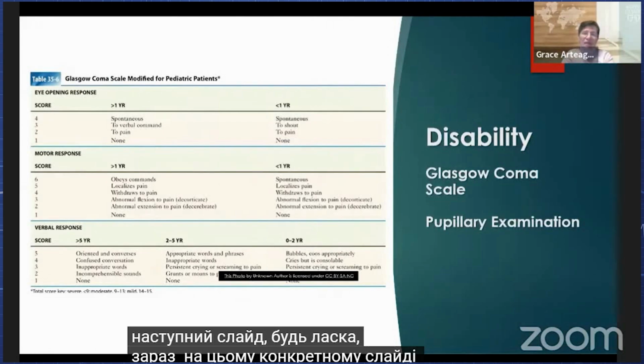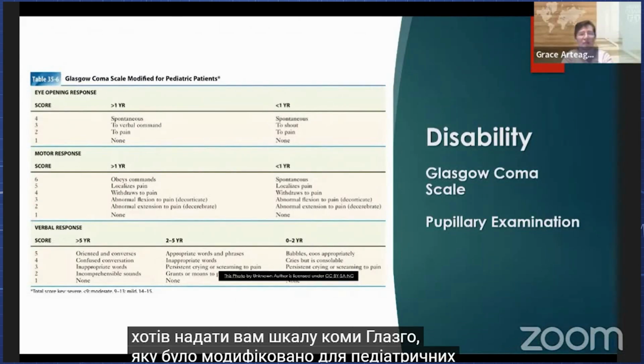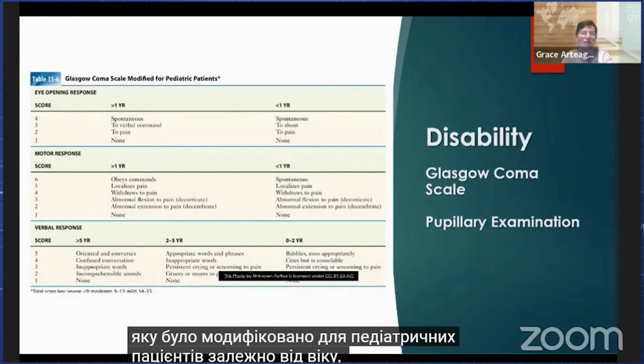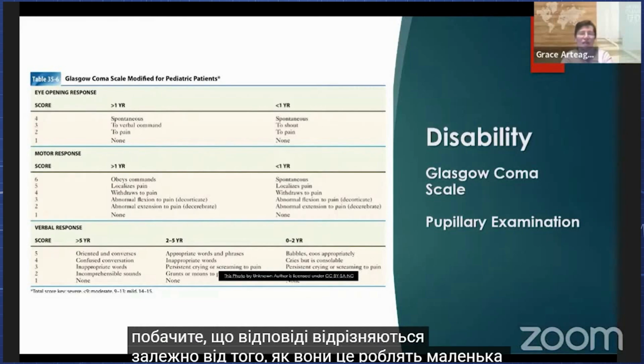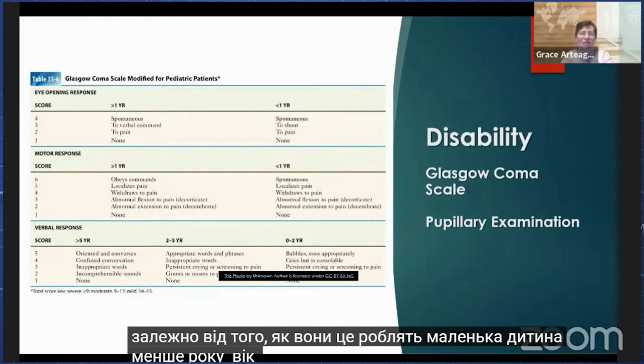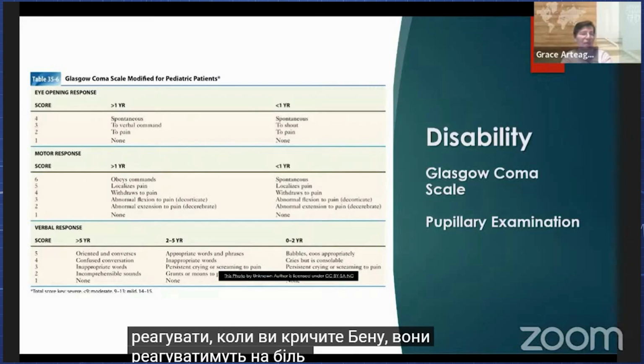Now, in this particular slide, I just wanted to give you the Glasgow Coma Scale that's been modified for pediatric patients based on age. You're going to see that the responses are different based on how they do. A little kid less than a year of age is going to respond when you shout, respond to pain, or have no response to pain.